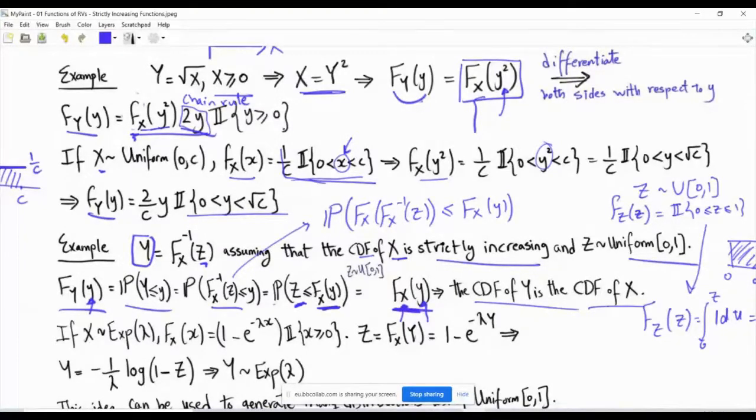Okay, so again, assuming that you have some good algorithm for generating random variables from the uniform 0, 1 distribution, then using this trick you can actually generate a general random variable. The constraint here is that we have an absolutely continuous random variable with a strictly increasing CDF. So let's see how, for example, you can use this trick to generate exponential random variables.